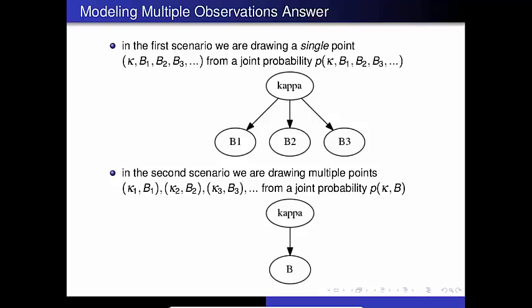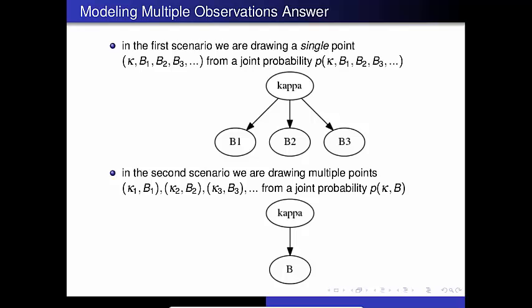I have a question about the second scenario. So is it possible that two different kappa values correspond to one B value, or does each have to be different? So different kappa corresponds to different B. Well, the question basically stated as an assumption that each of our base calls was from a different person. So those are different B's, right?